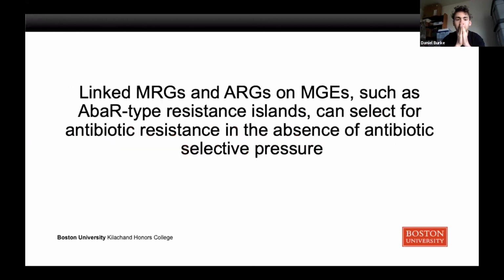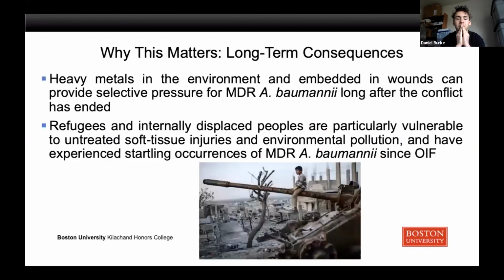And this is very important, that linked metal resistance genes and antibiotic resistance genes on these mobile genetic elements can select for antibiotic resistance in the absence of any antibiotic selective pressure, which implies that heavy metal pressure present in a wound that's embedded with shrapnel or other metal debris can provide a sufficient selective force to drive the acquisition of these mobile genetic elements and allow for baumannii within these wounds to not only develop resistance to these metals in order to survive, but also tangentially acquire antibiotic resistance genes without ever being exposed to an antibiotic.